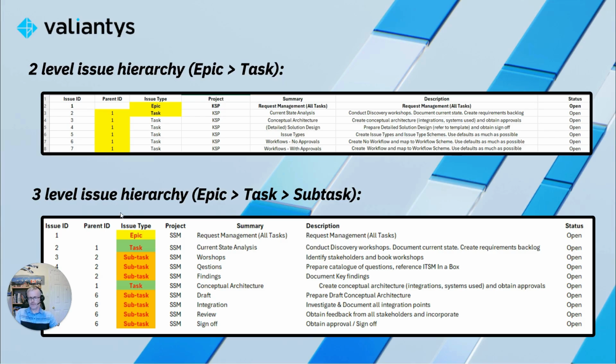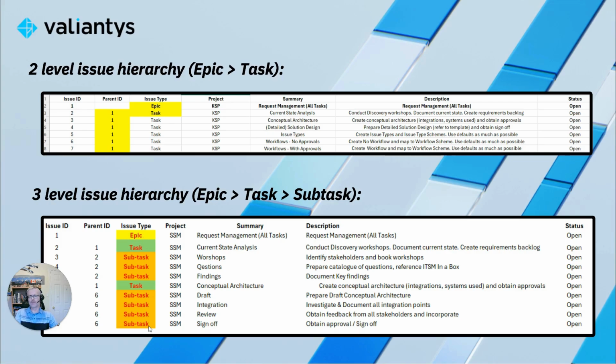What, however, the CSV file import also allows you is 3 levels of issue hierarchy. So you can not only import an epic and map one task to that epic, but you could also import subtasks that are mapped to a task, and the task is mapped to an epic.